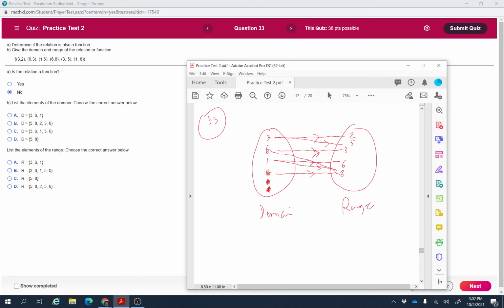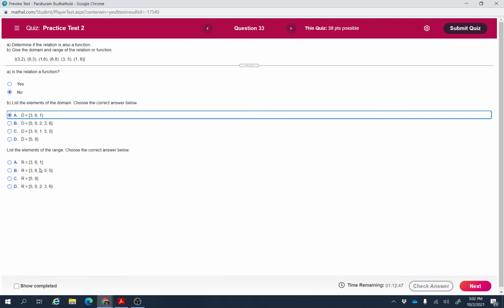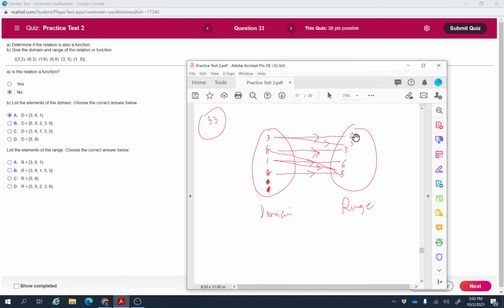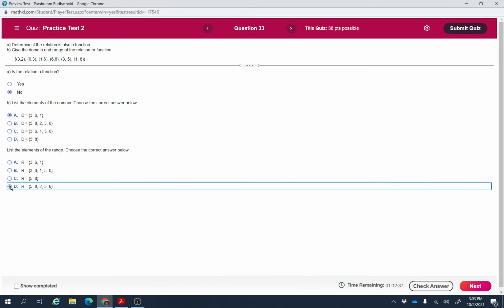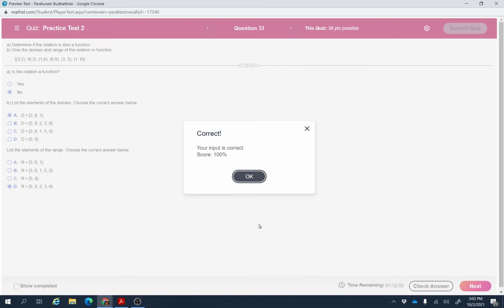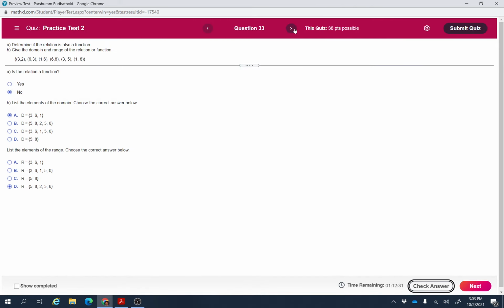So 1, 3, 6 are the three domain values, and the range is 2, 3, 5, 6, 8. Okay, correct.